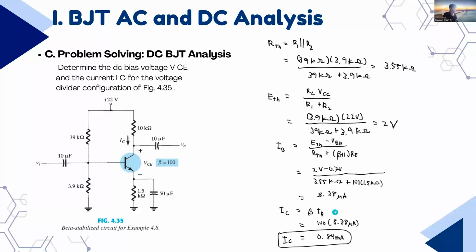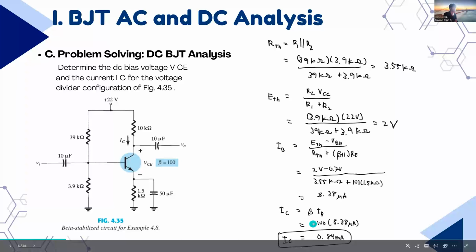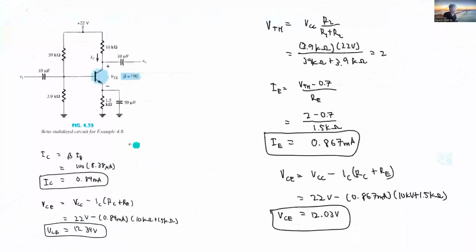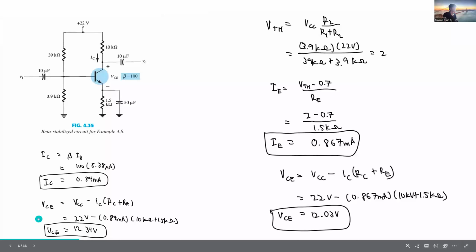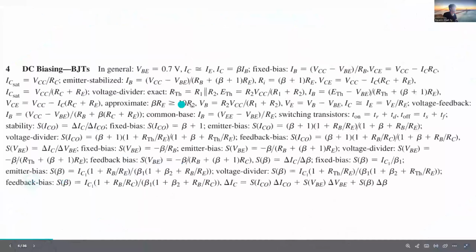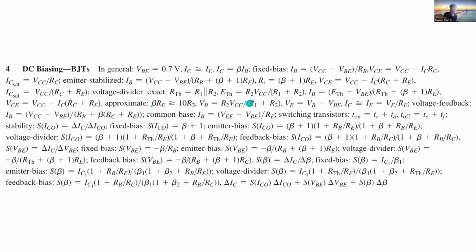So we multiply IB times 100 and we get IC, which is 8.4 milliamperes. This is the exact analysis. So we get the IC and now we will compute for the VCE. Going back to the list of formulas, VCE is, where is it?